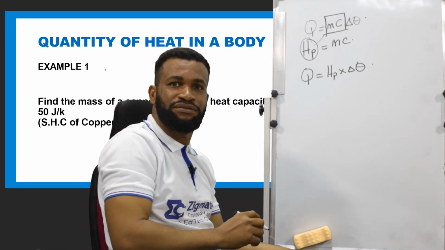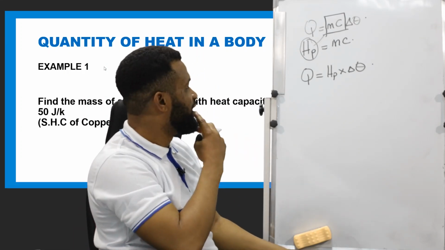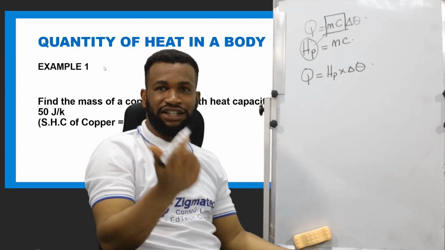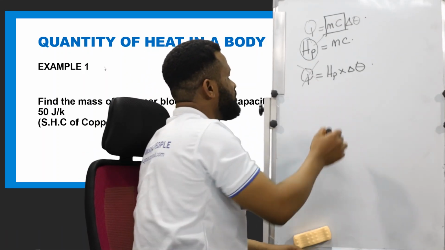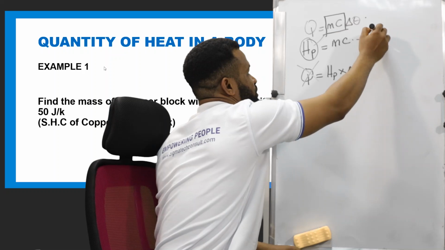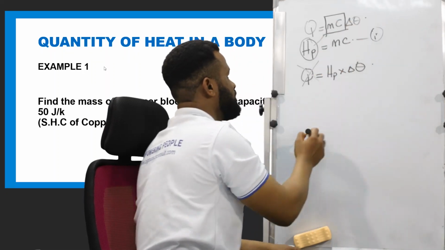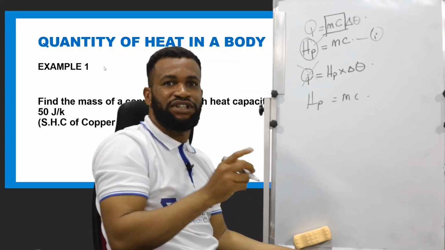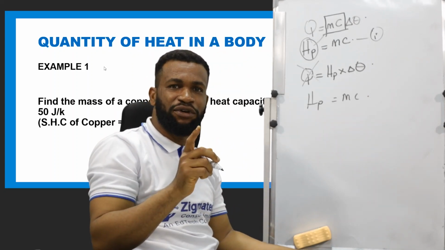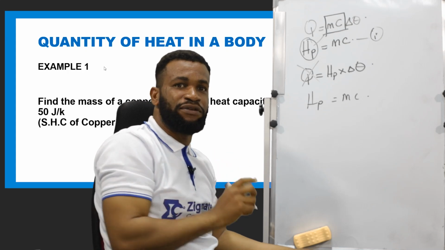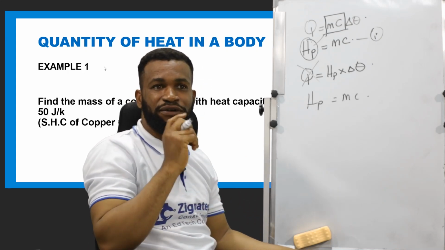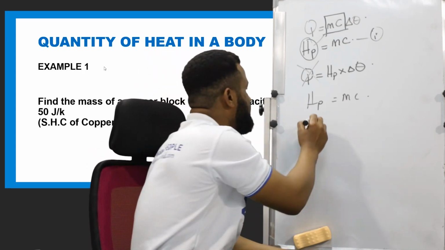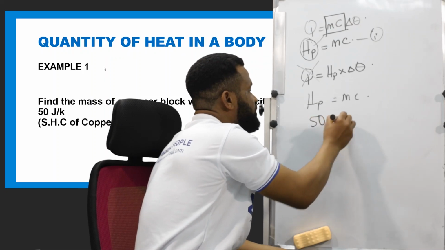Okay. So they didn't give us this, so this is out of it. I will still go back to this equation. I'm going to say that HP is equal to MC. So in this case, the mass of the body is what we don't know. And they gave us specific heat capacity, and they gave us heat capacity. So heat capacity is given as 50.